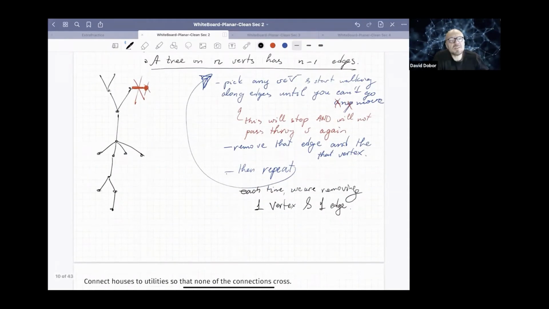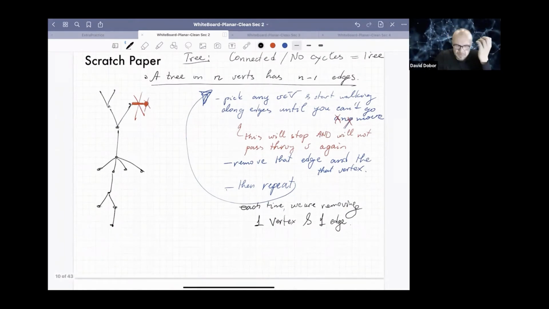What will the tree look like when I stop? Every time I reach an end, I remove this. Next time, maybe I started here and went this way and this way, so I removed this guy. Then next time, maybe I started here and went this way and this way and came down this way. So I removed this guy and so on. So I keep doing this until I can't do any more.